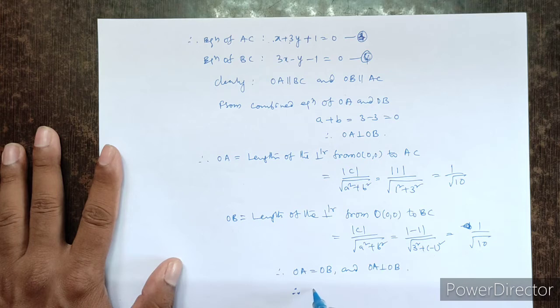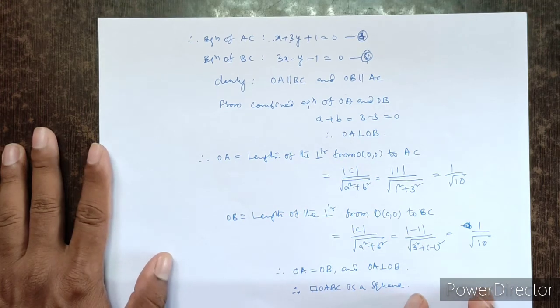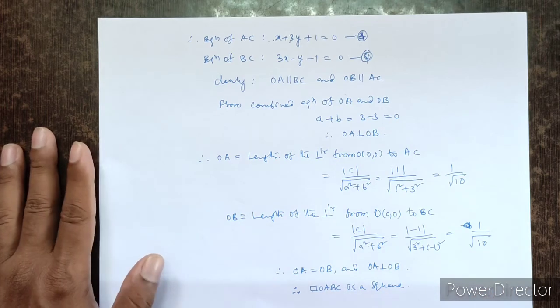Therefore OABC is a square, by the given pairs of lines. Next problem.